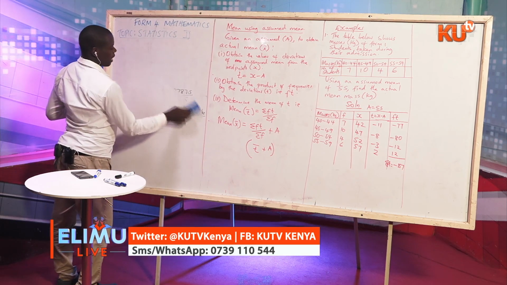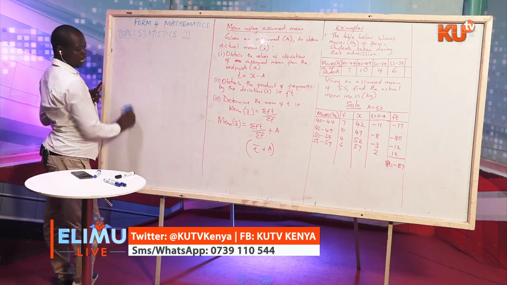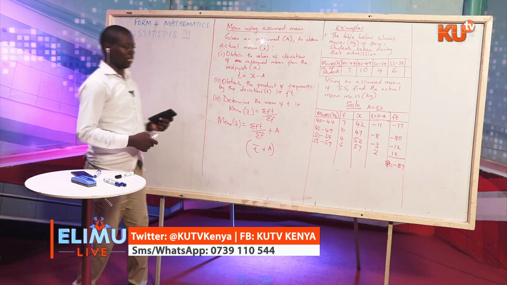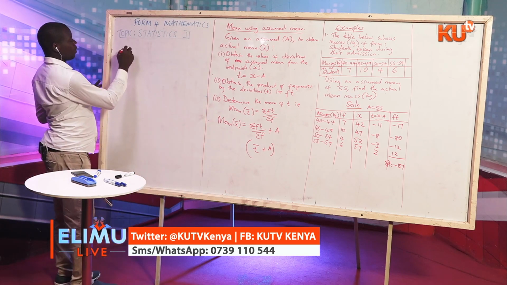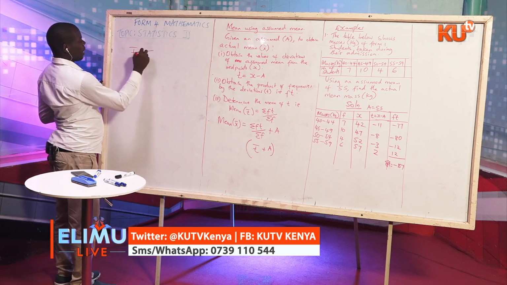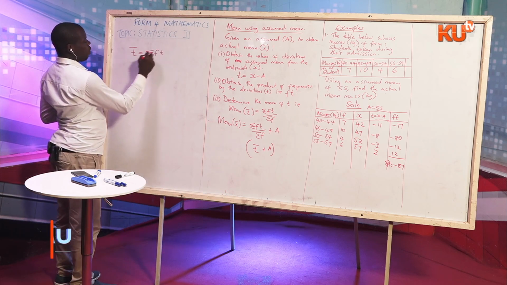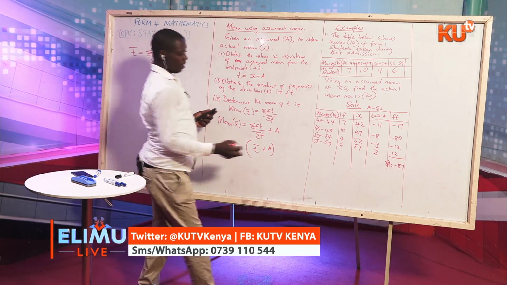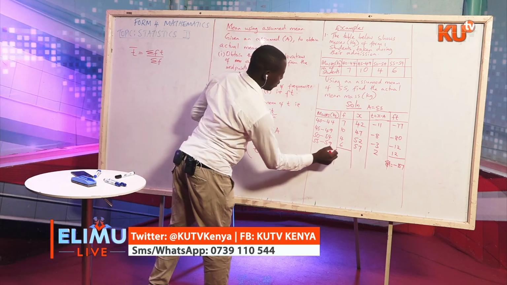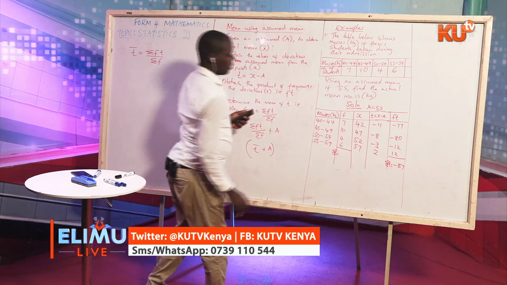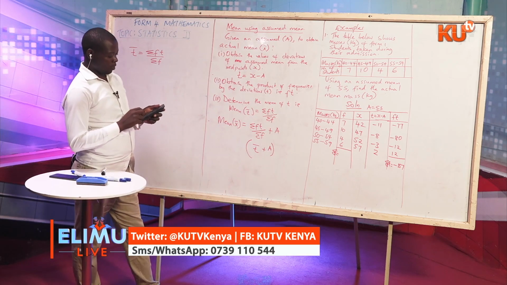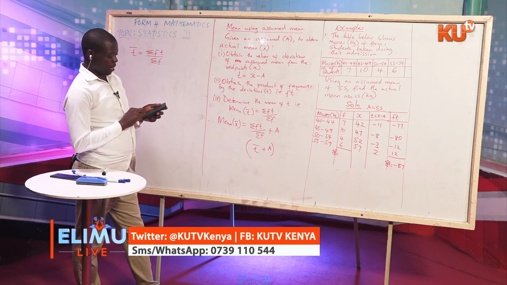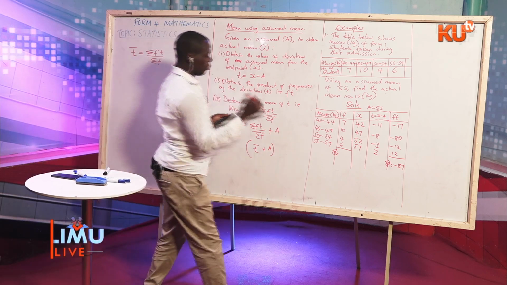Once we have that sum, students, as per our procedure, the next thing will be to obtain the mean of t. To obtain the mean of t, that is the sum of ft over the sum of f. Sum of f is 7 plus 10 plus 4 plus 6 to get 27.